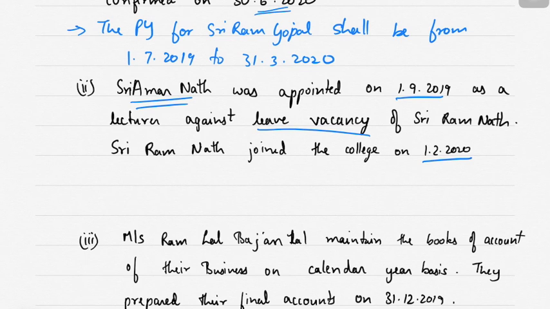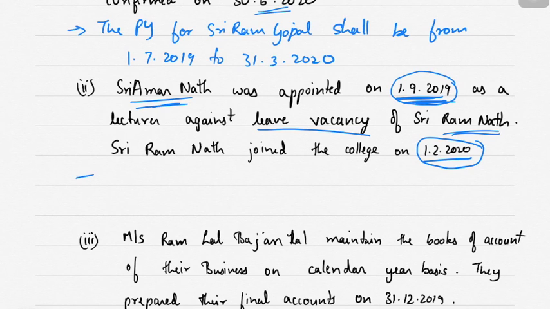So in this case Amarnath is there only when Shri Ramnath will be on leave. Shri Ramnath is on leave from 1st September 2019 till 31st January 2020, because on 1st February Shri Ramnath joined back. Previous year is the year of earning. So Shri Amarnath is earning from 1st September 2019 to 31st January 2020.